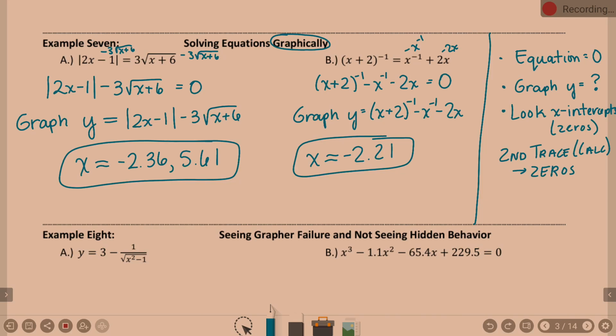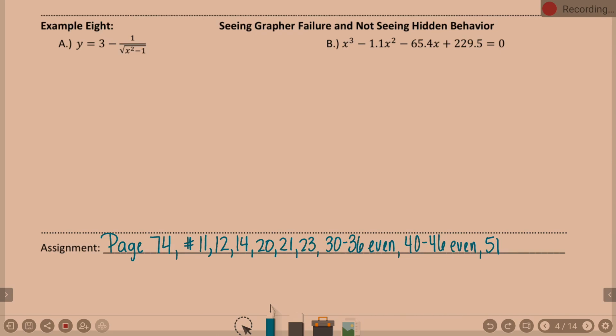Okay, so let's go ahead. A is already in y equals form, yes? Are we good with this one? Yeah. I'm trying to keep us moving. You guys are supposed to have work time. And so you're just going to graph this.